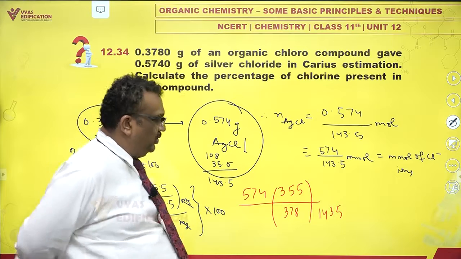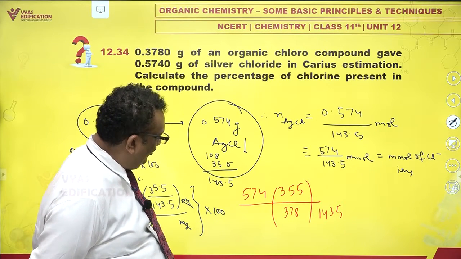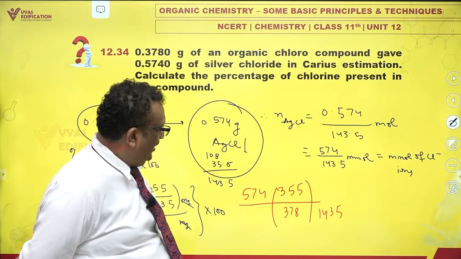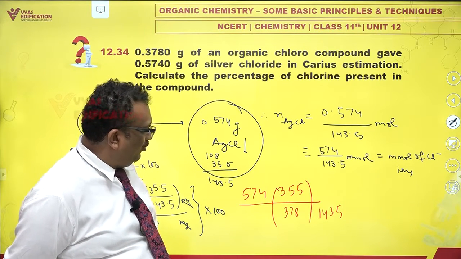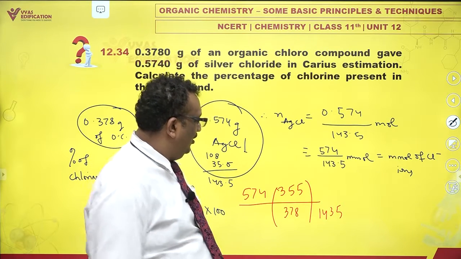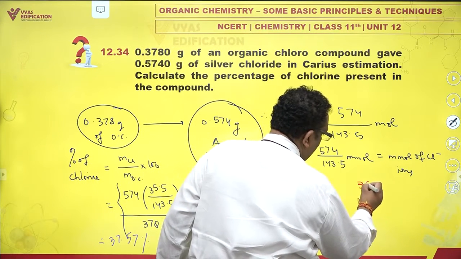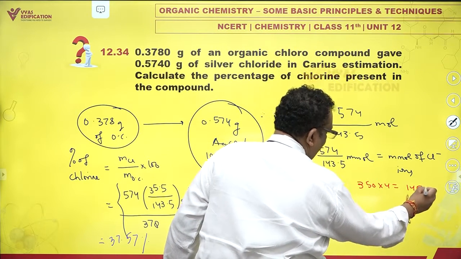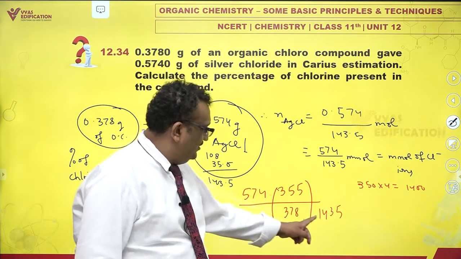Let me see how this works. Now, first of all, these 355 and 378 appear close to me. I'm just first trying to figure out, can I cancel some numbers? Let me see, 350. Now, 350 into 4 gives me 1400. Yes, 1400.